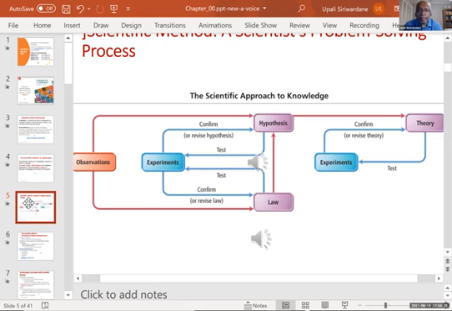Laws are descriptions of observations, like pressure increases with temperature for gases. So laws become part of experiments that lead to hypotheses. So there are steps here: observation, experiments, hypothesis, theory, law, 5 steps. You need to know about them.